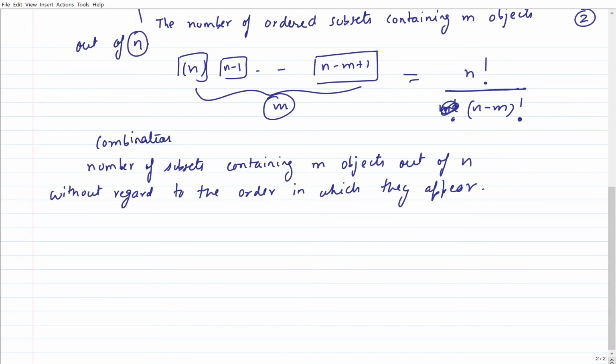So that's called the number of combinations of n objects taken m at a time.